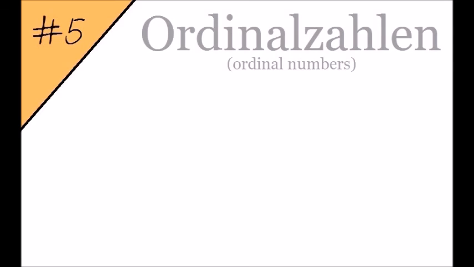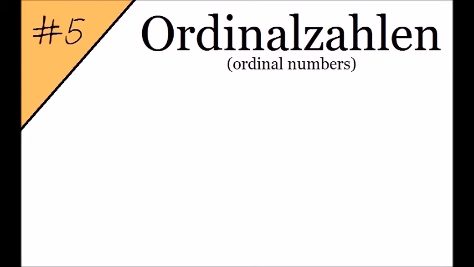Number 5. The numbers you've learned are used to count things, in other words, to give an amount. When talking about an order, you need to use ordinal numbers, in German Ordinalzahlen. There are 2 ways to use them. Firstly, as a standalone word like first, second, third. You create them by adding tens to the end of the number.